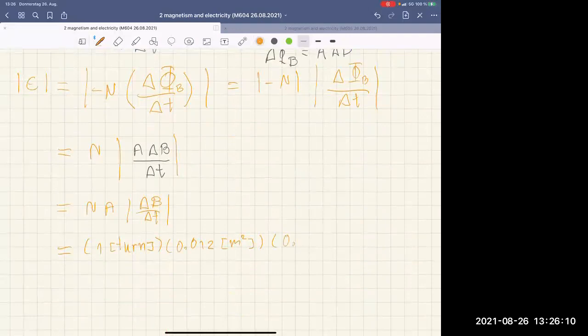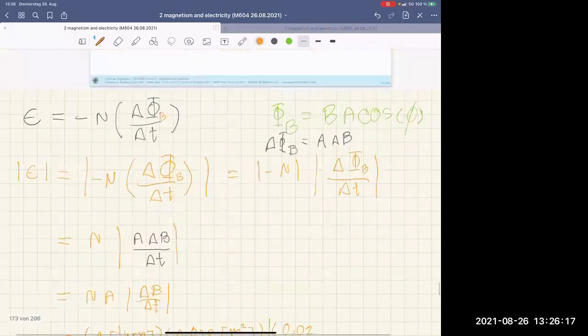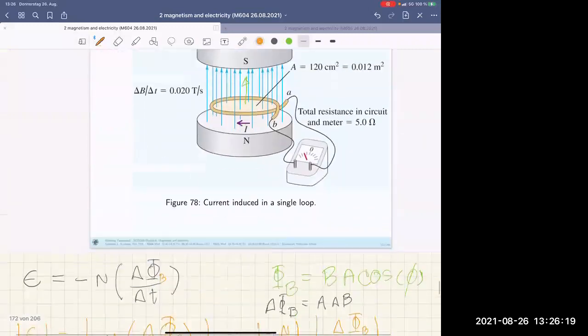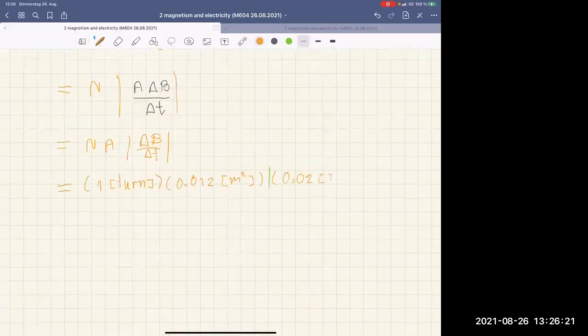You can also leave the absolute value, but it doesn't matter at all. 0.02 Tesla per second, and closing the bracket, like this.